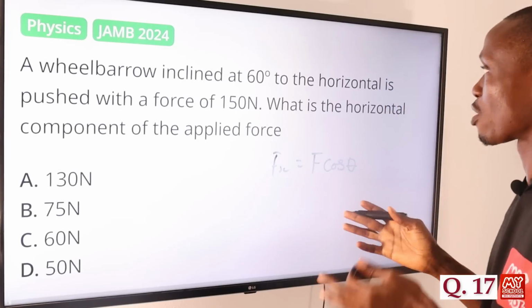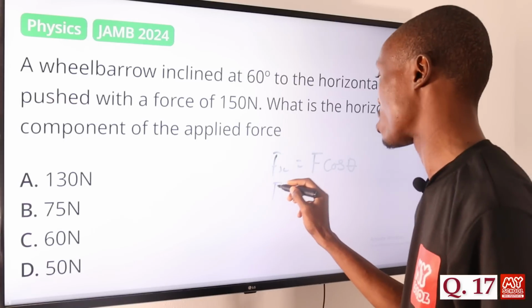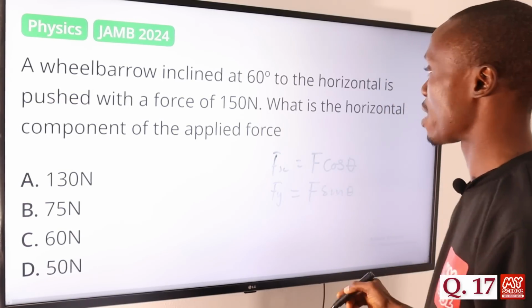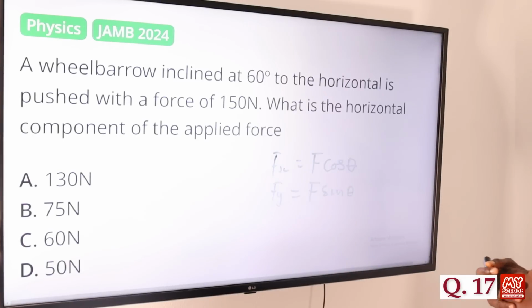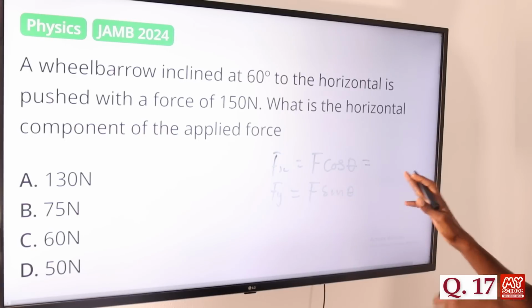If you are asked for the vertical component, then you use Fy equals F sine theta. But in this case we are asked for the horizontal component of the applied force, so we are going to be using F cos theta.